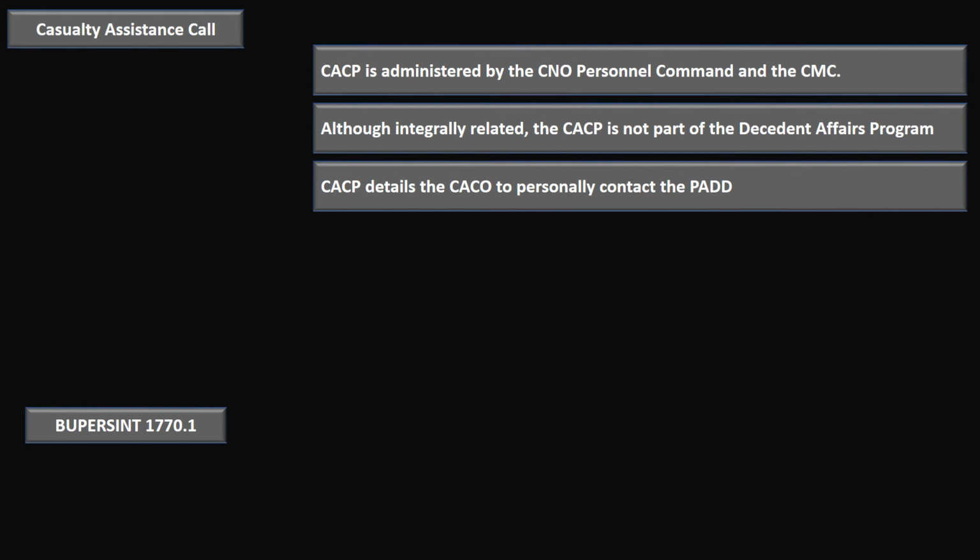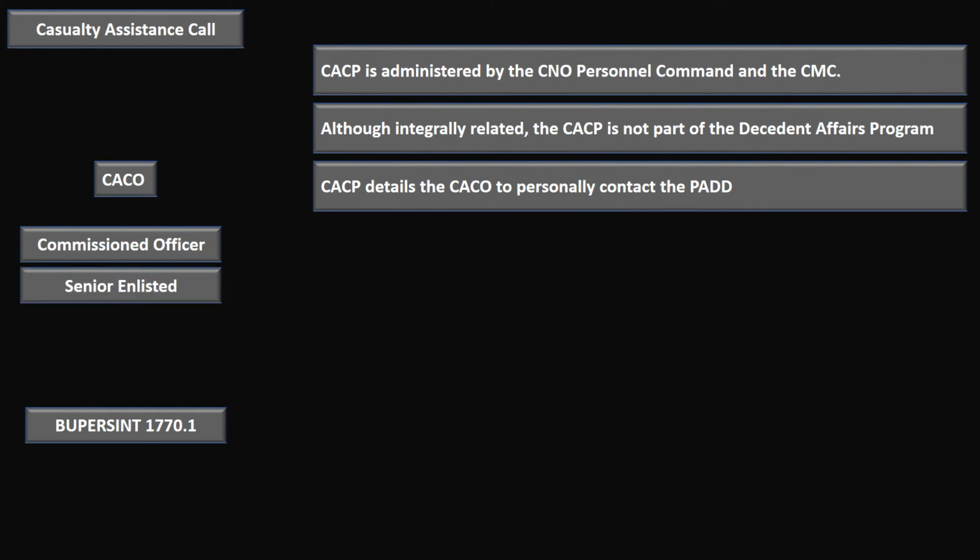The Casualty Assistance Call Program is going to detail the CACO, or Casualty Assistance Call Officer, to personally contact the person authorized direct disposition, that primary next of kin. Your CACO is usually going to be a commissioned officer or a senior enlisted member.